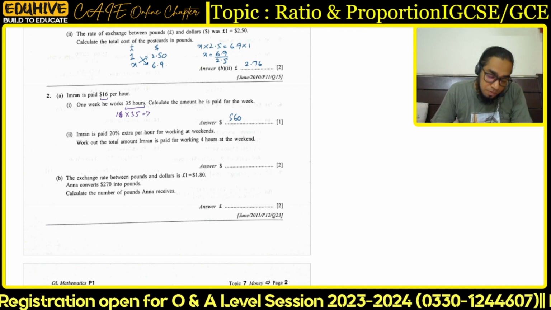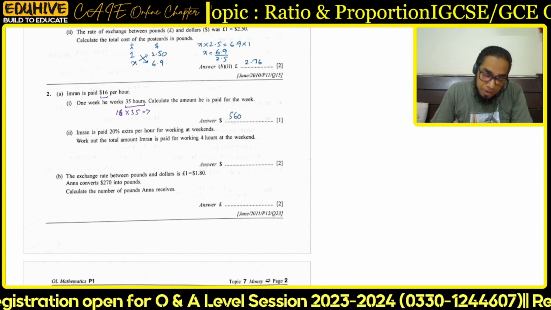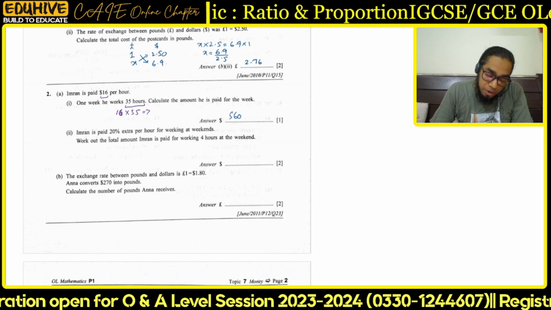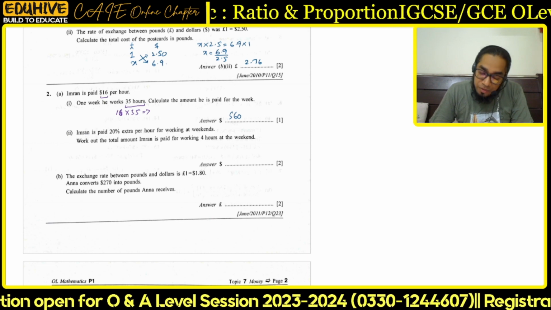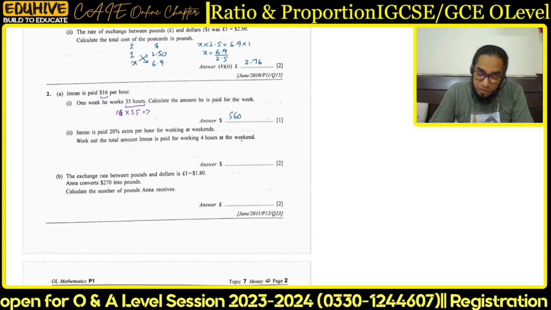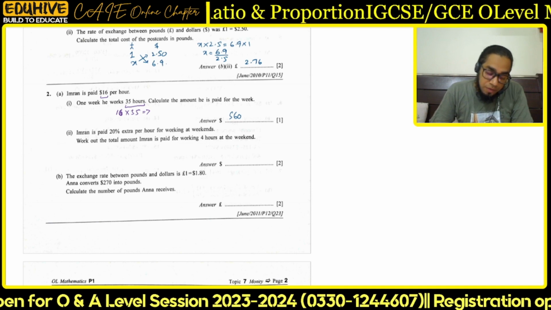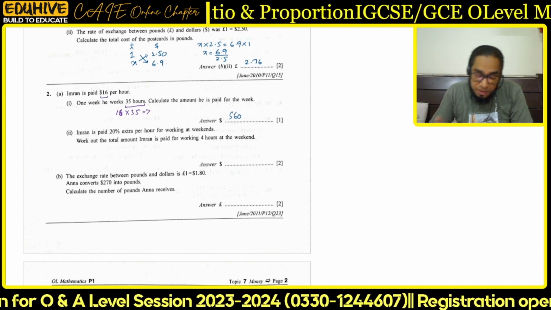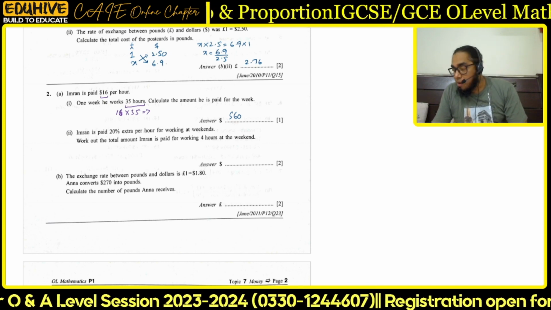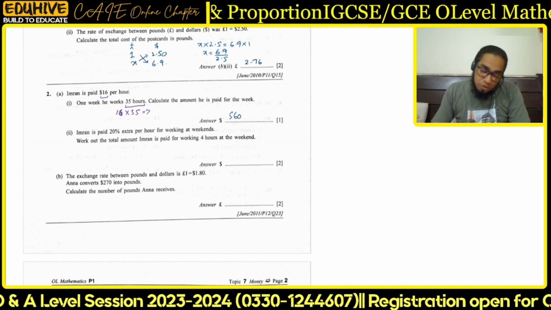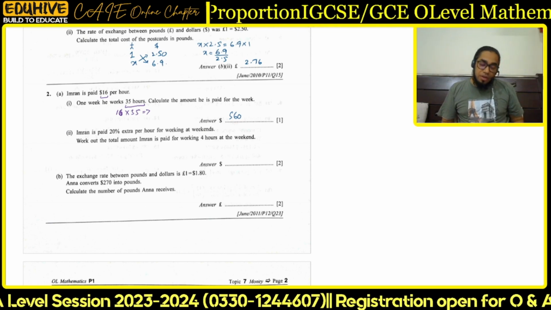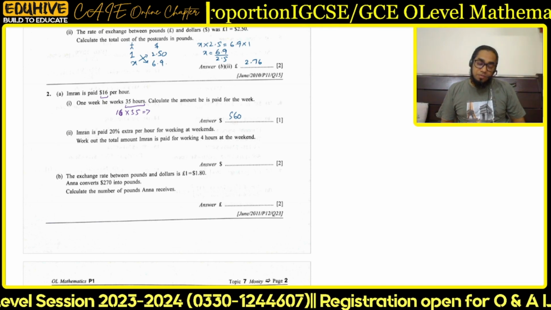Amna, are you talking about the next part? Imran is paid 20% extra per hour for working at the weekends. Work out the total amount Imran is paid for working 4 hours at the weekend. So 20% extra means what will the per hour rate be? I'm asking you guys: what will the per hour rate be if he is working 20% extra per hour?